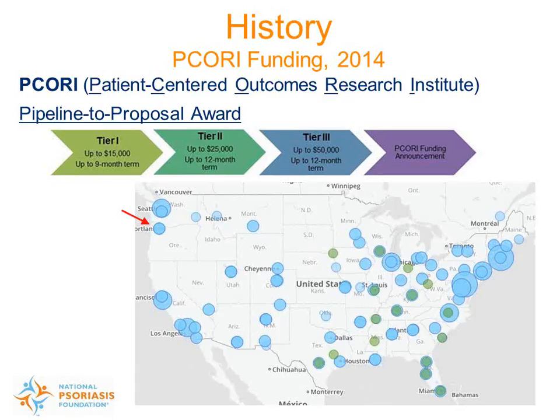This specific opportunity became available through something called the Pipeline to Proposal Award, where through a 3-step process, early stage projects designed to drive patient research would be fostered along with funding from PCORI. The first step was a 9-month, $15,000 award.